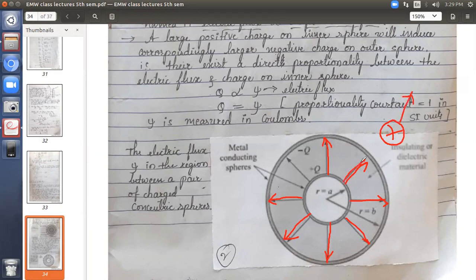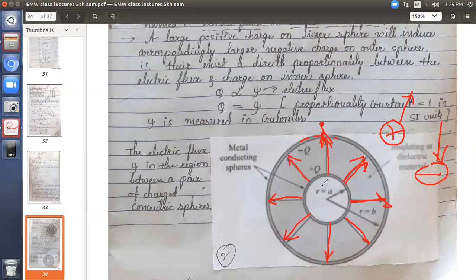That's what is shown here. They are diverging. And if it is a negative sign, conventions say that they converge. So the negative side is here, indicating the lines are coming into it. So according to the conventions also, the directions are correct.